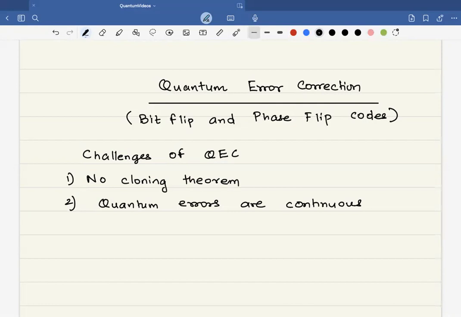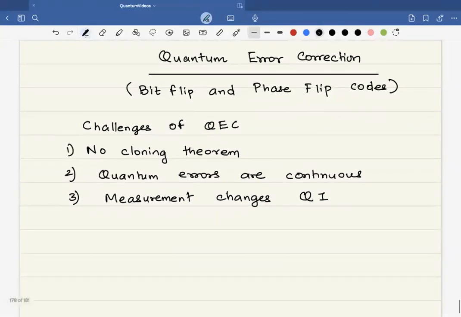And the final one is that to be able to detect errors, we need to measure in the syndrome detection phase. But you know that the measurement postulate says that the measurement changes quantum information. So this is another challenge. Right. So those are the challenges.